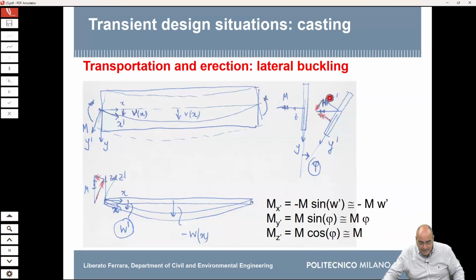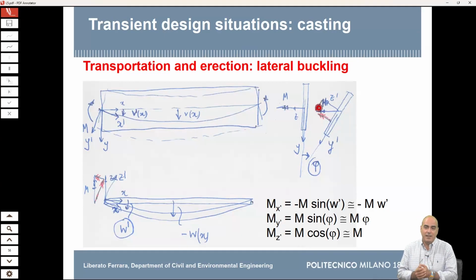So, for example, this moment here, the moment along y prime, this one here. Well, if the previous one was M cos phi, this is M sin phi. But phi is small, so you can say that the sine of a small angle is more or less equal to the angle itself.